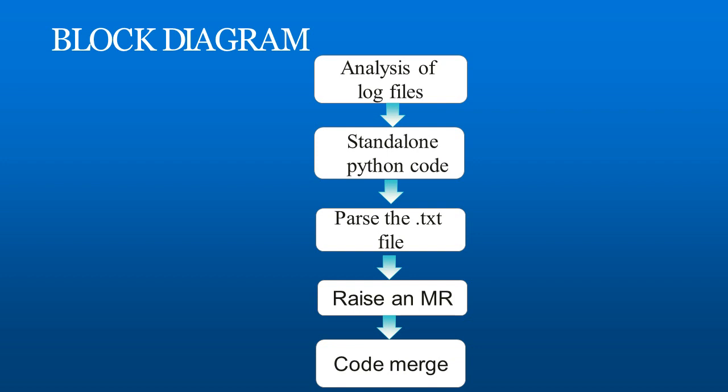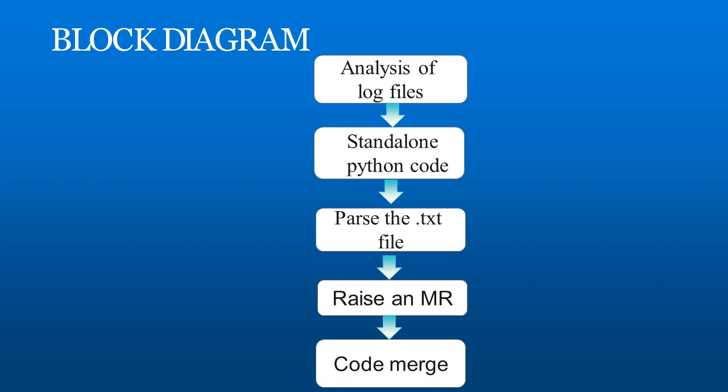Here comes the block diagram. As discussed, the initial stage is the analysis of log files. Basically, we've been given a log file of 10 lakh lines or 1 lakh lines, where we have to automatically search for the particular words given by the user, for example keywords such as warning codes, error codes or critical codes.